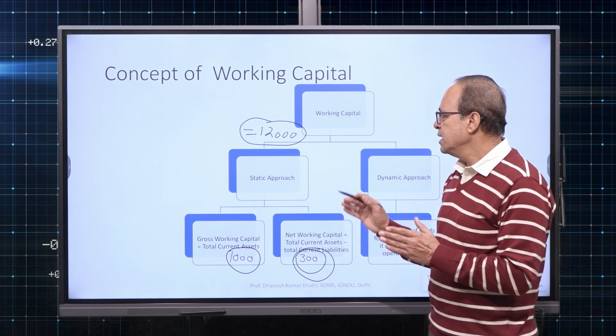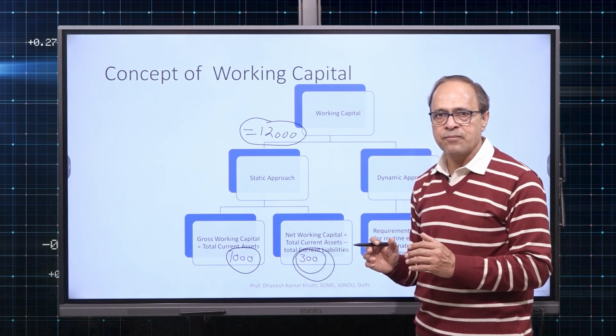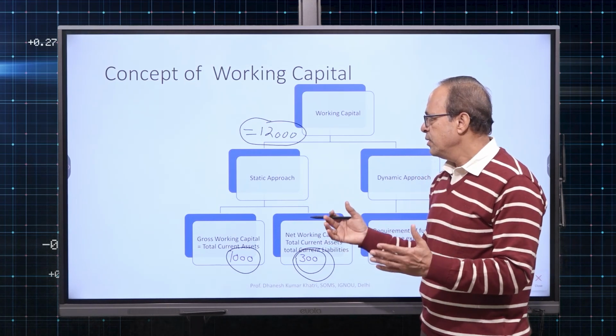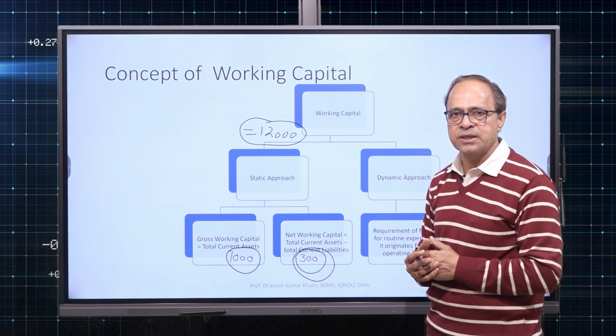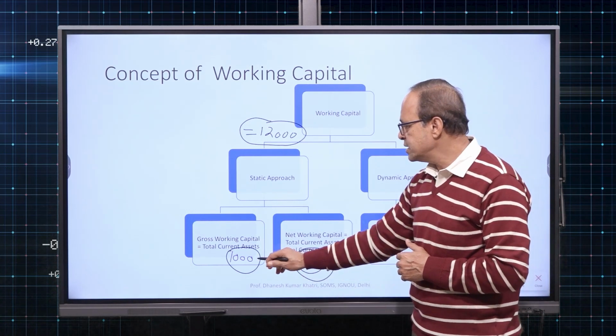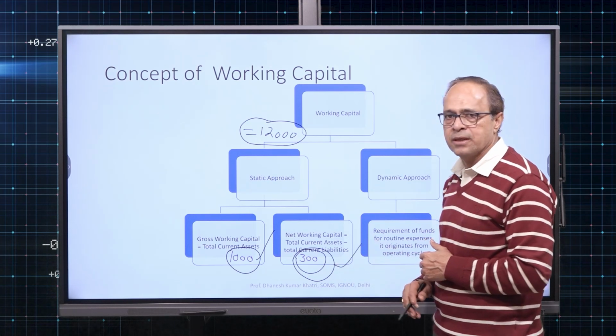So, in that way static viewpoint tells me what was the amount of working capital. Similarly, we can take the data of projected income statement and projected balance sheet and come to know how much is the total investment in current assets and what is my net working capital.